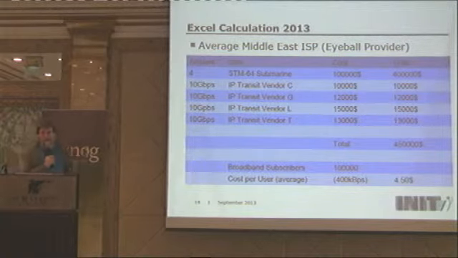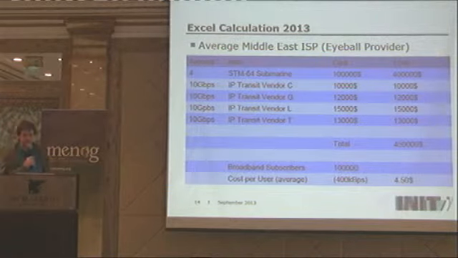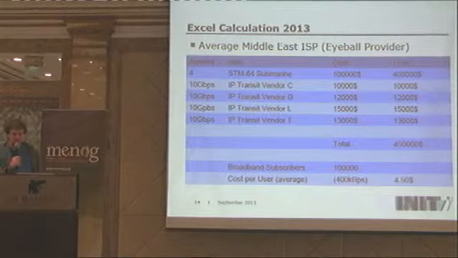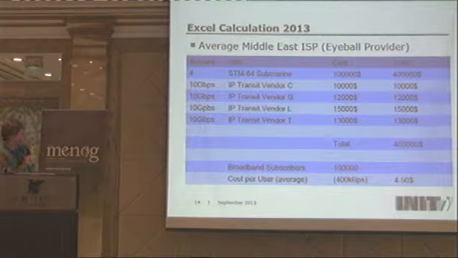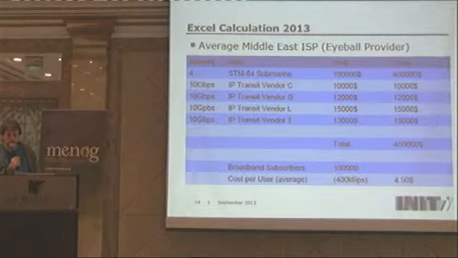The letters I've chosen are not just A, B, C, D. There you can guess what I thought. Well, okay. As of today, they have 100,000 subscribers, and the average cost per user would then be $4.50 per month, which they can subsidize with the revenue they have with the DSL or whatever connectivity or technology they use to connect their broadband subscribers.